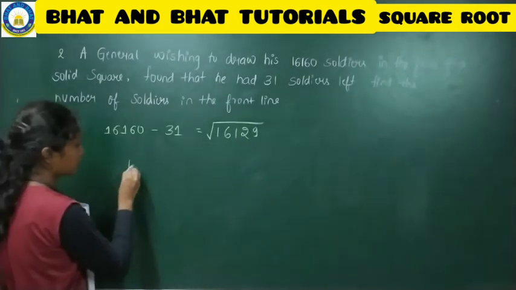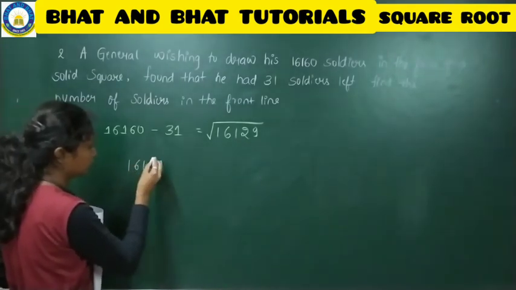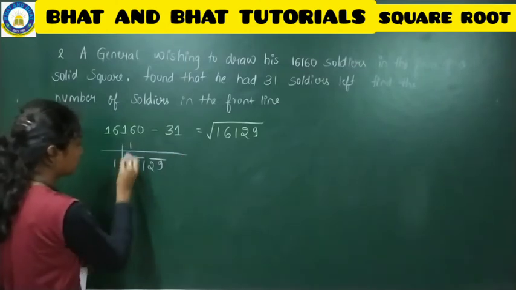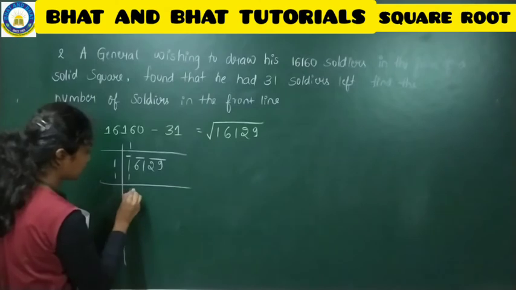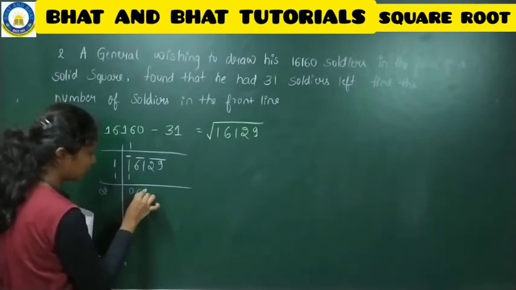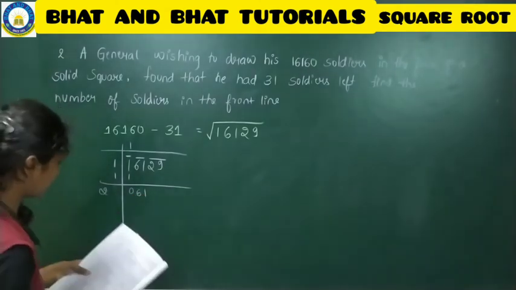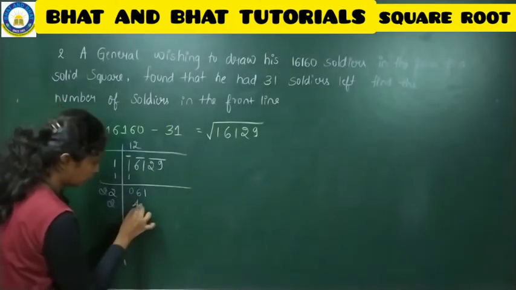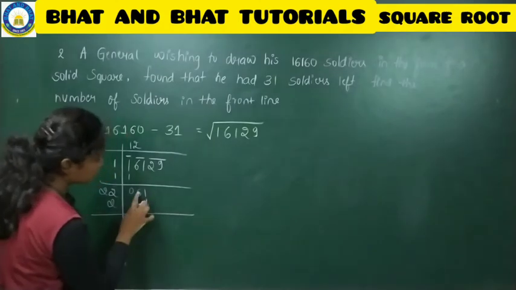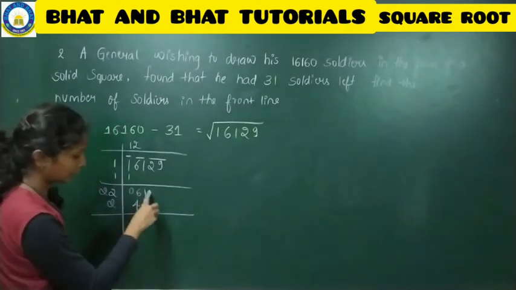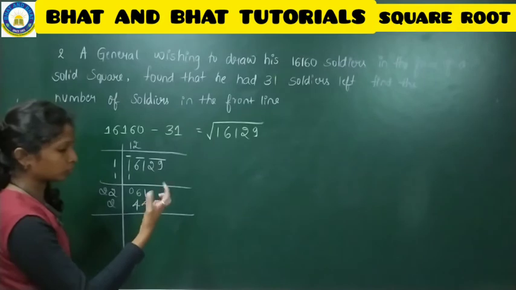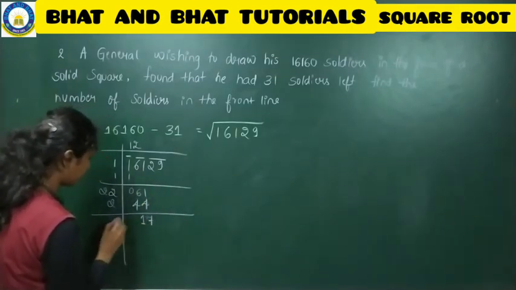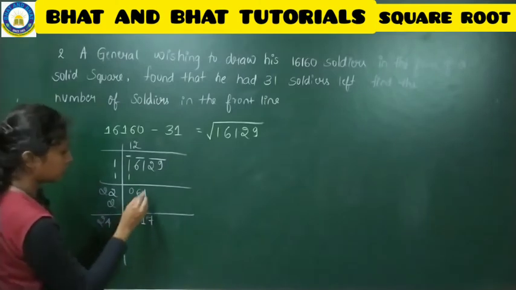So if you find the square root of 16129, if we pair the numbers, 1 ones are 1, 1 minus 1 is 0, here it will be 2, take down 61, and now it will go in 22. 2 2s are 44. So here it will be 11. Here the remainder will be 7, and here it will be 24.